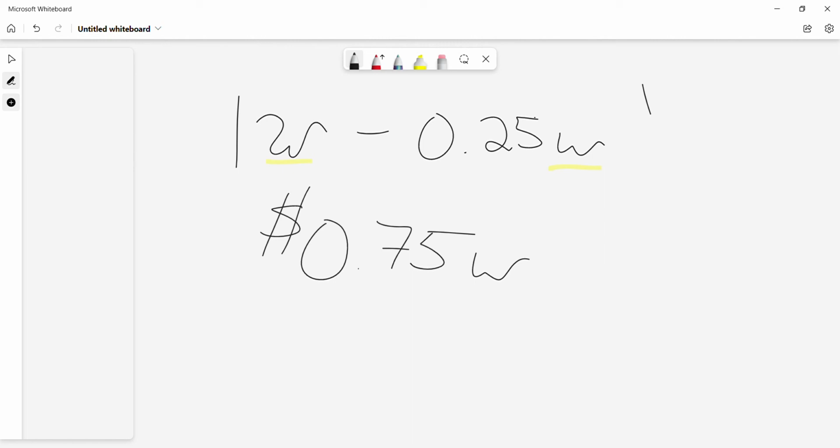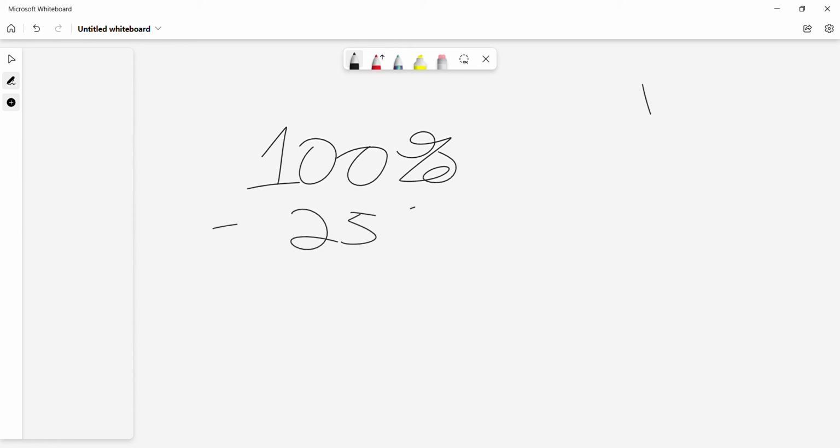I want you students to know there's another way you can do this. If you're thinking in terms of percent, think about it like this. If W is reduced by 25%, I have 100% in a whole. 100% minus 25% equals 75%.